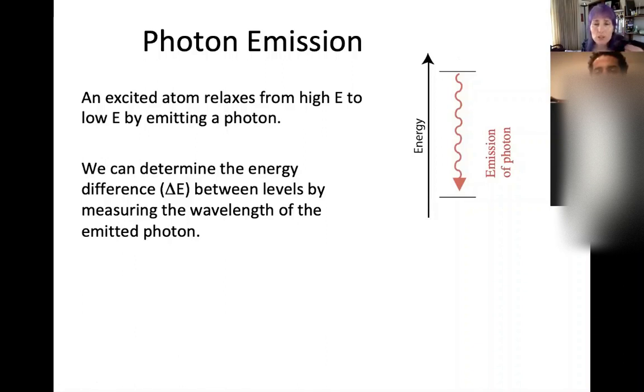So we add electricity, it excites it, and then when it comes down, it automatically releases light. This is how neon lights or fluorescent lights work. But that color of the wavelength, that color of light, tells us the energy of that photon. So from those colors, we determined the distance in energy between those two energy levels.